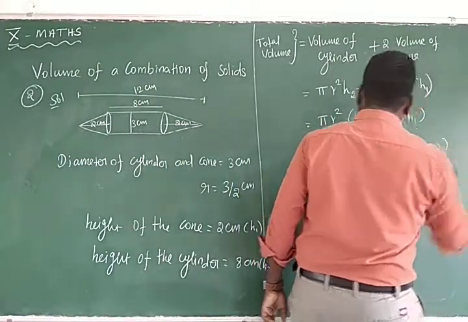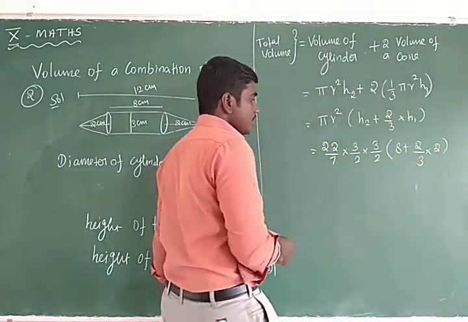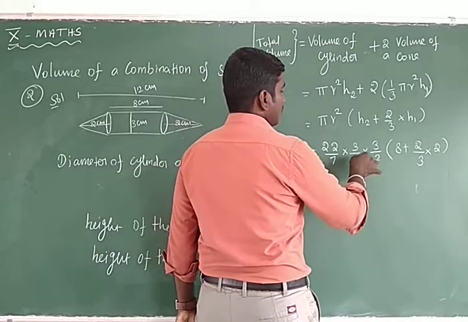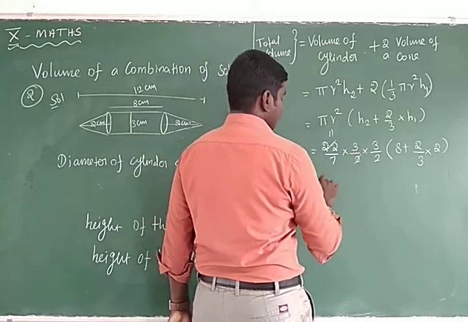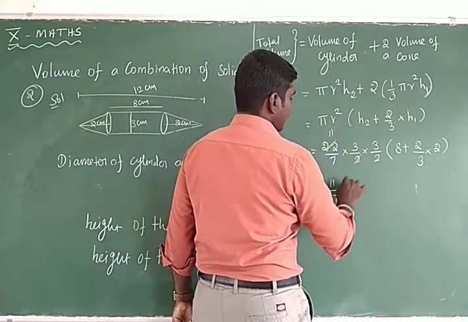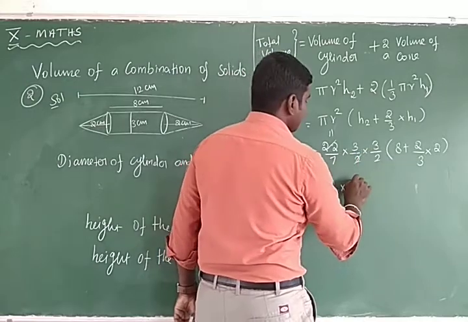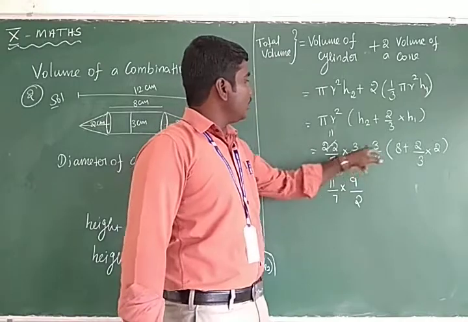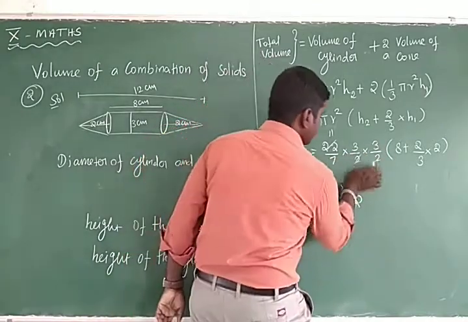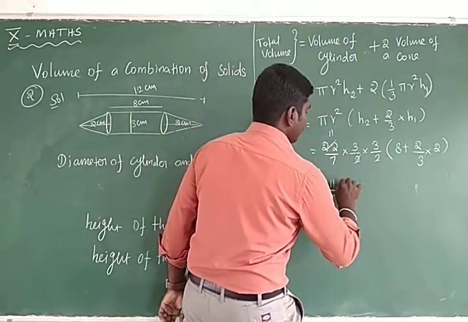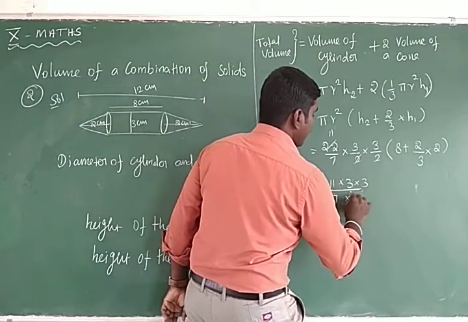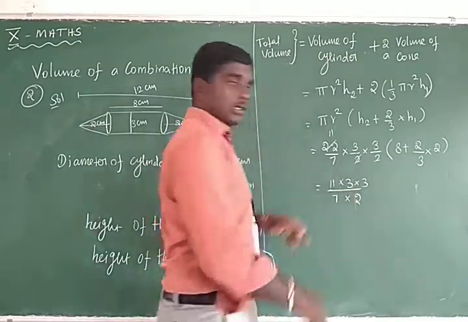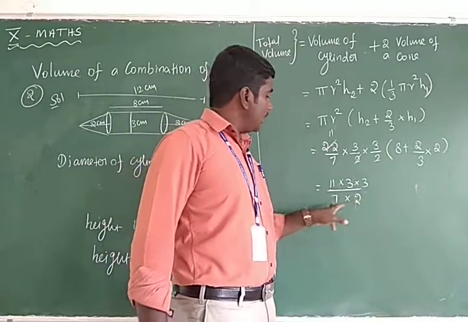Now, is any cancellation possible? 1 2 is 2, 11 2s are 22. So 11 by 7, and 3 3s are 9. Otherwise keep it the same. 11 into 3 into 3, here denominator 7 into 2.